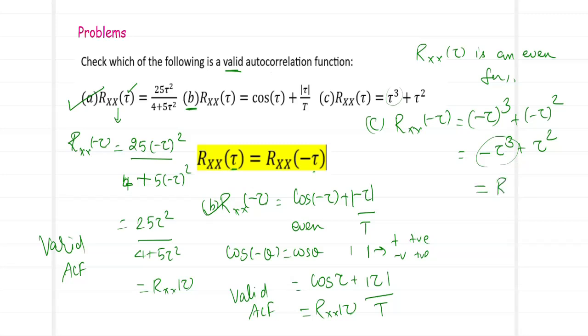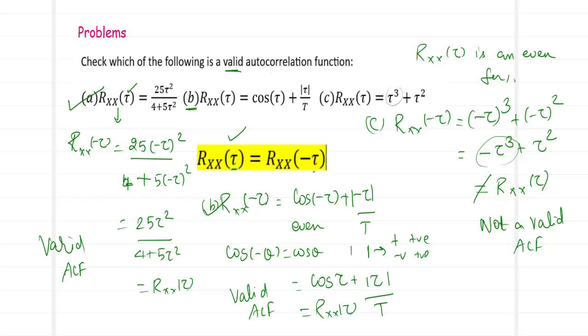So can I say that it is the same as my Rxx of tau? No, it is not the same as Rxx of tau. So C is not a valid autocorrelation function. So this property, namely that the autocorrelation function is an even function of tau, will help you identify whether the given function is a valid autocorrelation function or not.